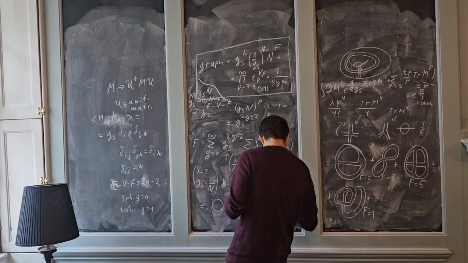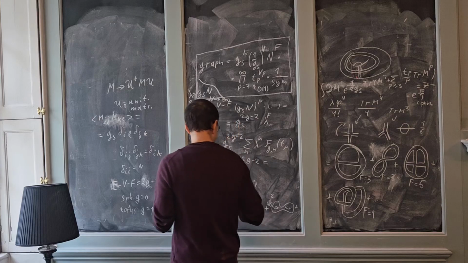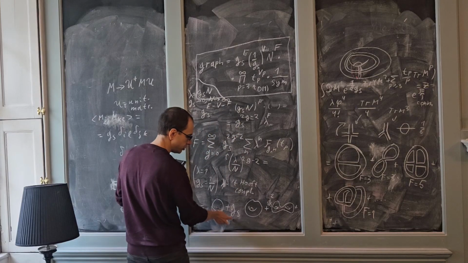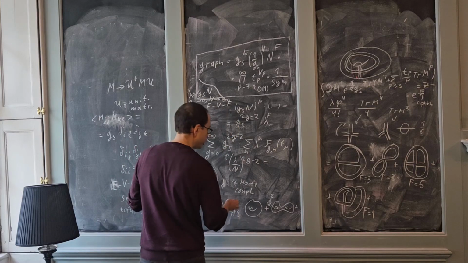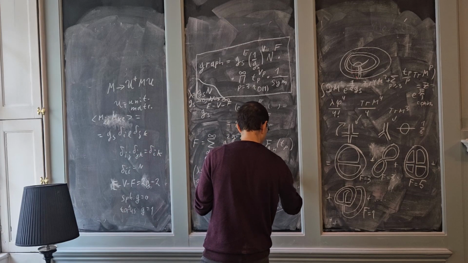And this will have g string squared. And that explains the reason for the name g string, because g string is roughly speaking the string coupling.